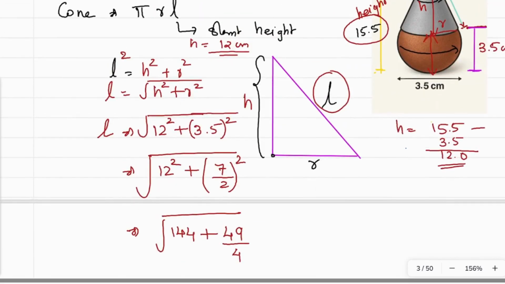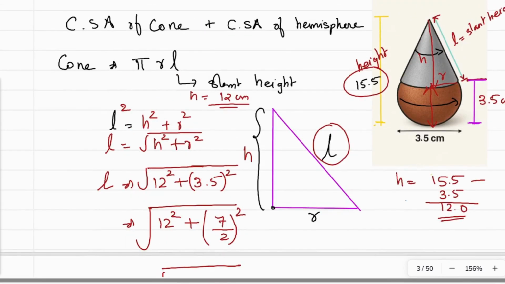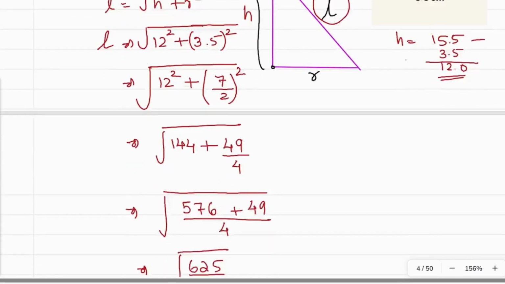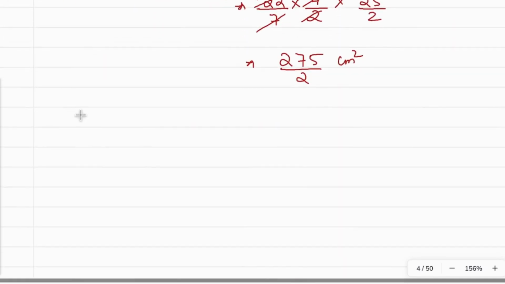Now what do I have to find? Only we found it for the cone. Now we need to find the CSA of the hemisphere, right? So let me find the CSA of the hemisphere. What's the equation for the CSA of a hemisphere? It is equal to 2 pi r square.